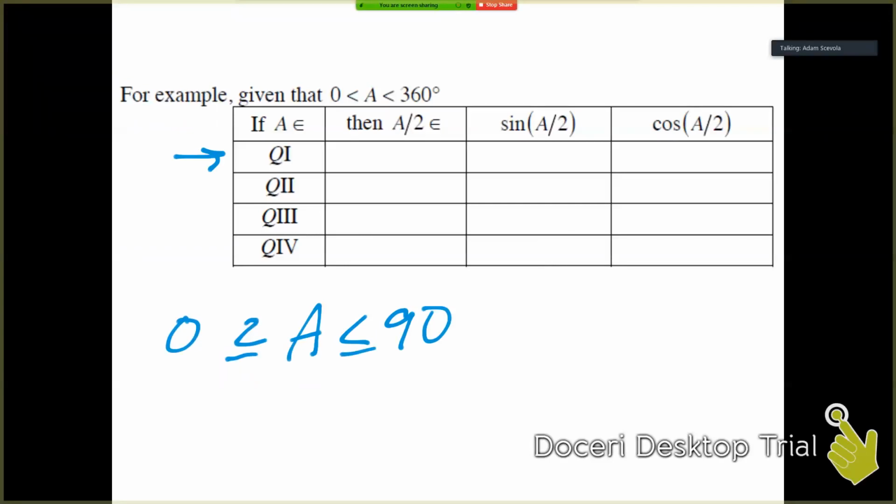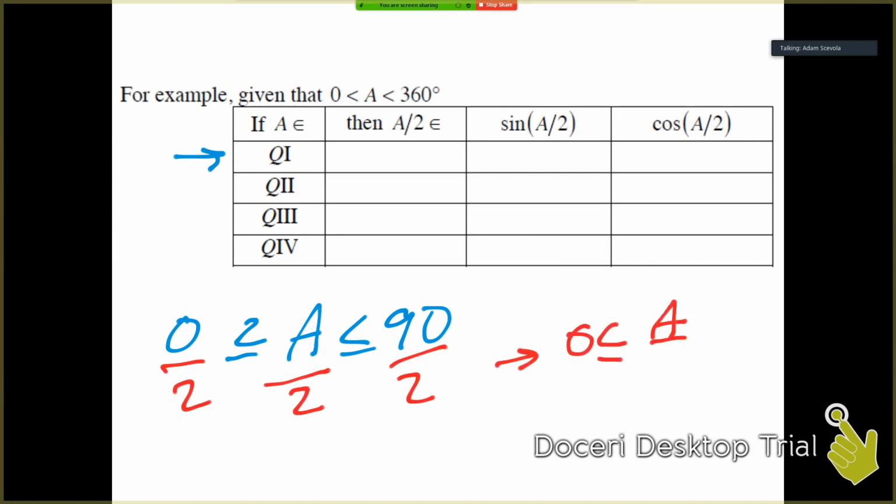So that means A over 2, half of that angle, would be in between 0 and 45, which means that half of that angle would belong in quadrant 1. So that means the sine of A over 2, as long as A was in quadrant 1, then A over 2 will be in quadrant 1, is going to be positive, and cosine will be positive as well.